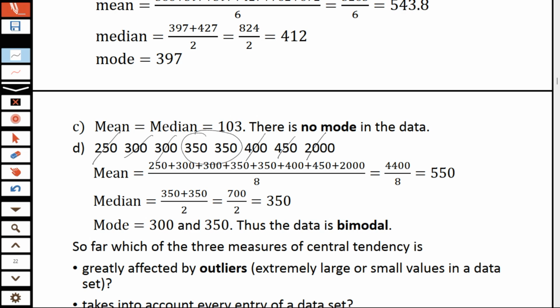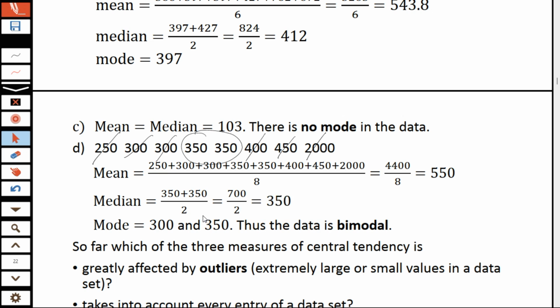Once you are left with this, you just find the midpoint between them. So it will be 350 plus 350 divided by 2, and then we get our final answer of 350. So here our median is 350.